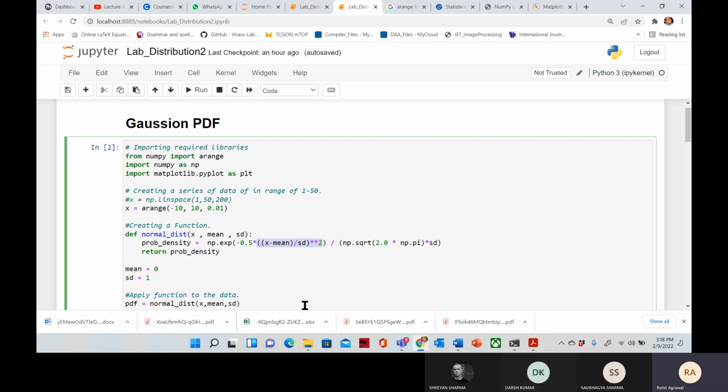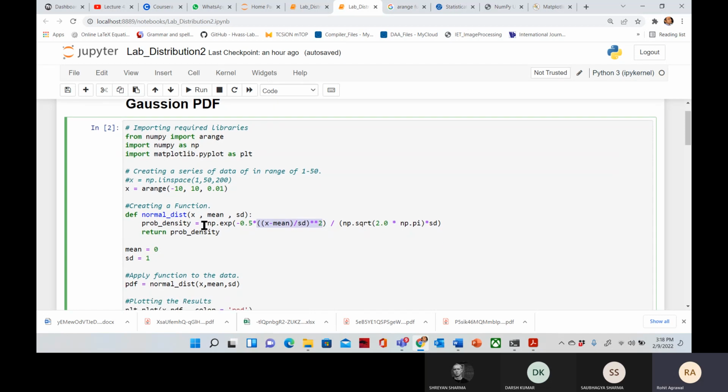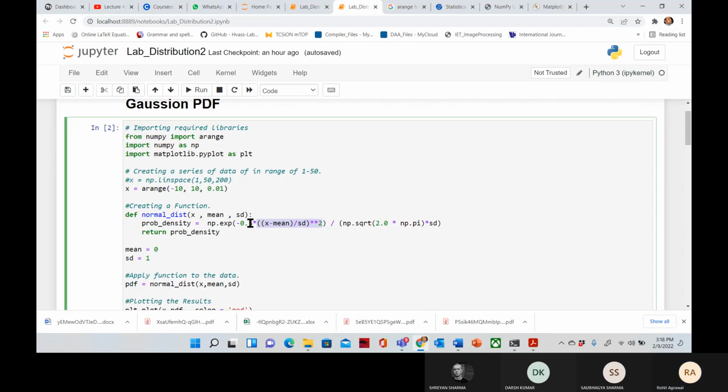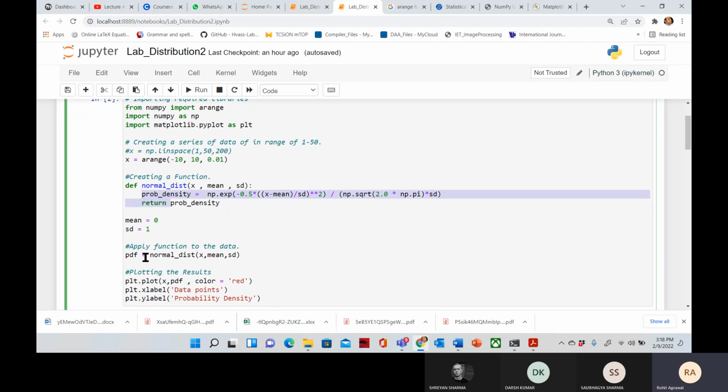So we use x values, mean value, and standard deviation in that formula for the Gaussian probability density function: 1 upon sigma square root of 2 pi into e to the power minus 1 upon 2 (x minus mu upon sigma) whole square, and return this value. Now we are calling the function.